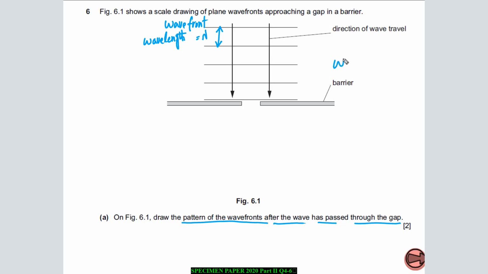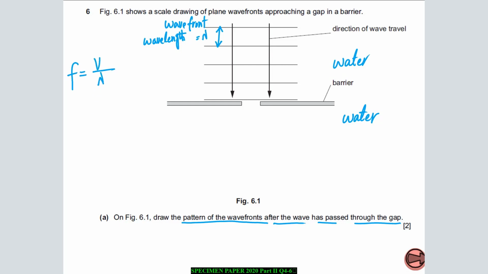As we can see here, the water is on one side, and after it crossed the barrier there is also water, meaning the medium is not changing. Let me write down the frequency, which is equal to V over lambda.